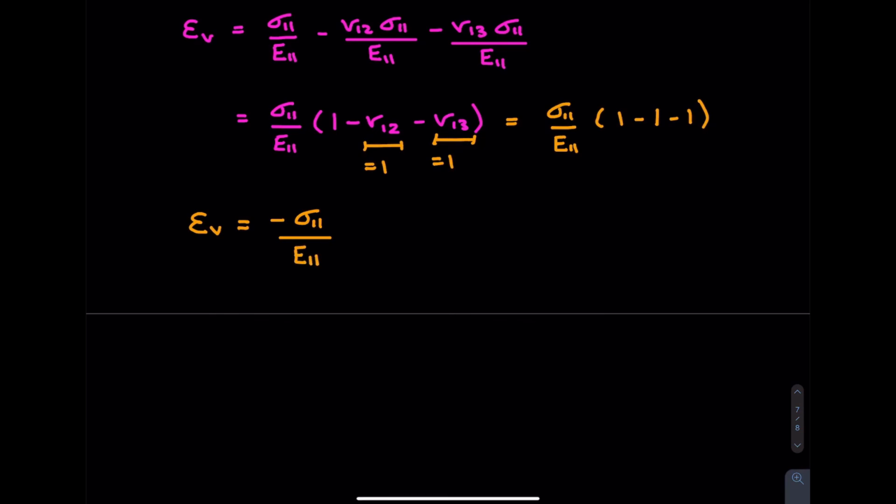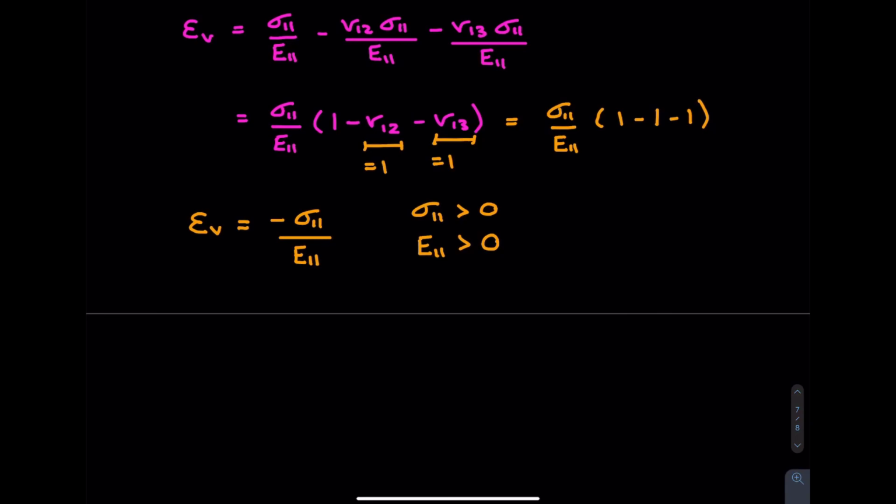Now let's try and think of what this would be. Again, from before, we know we're loading in tension. Therefore, sigma 1 is going to be greater than 0. And just like before, E 1, and this applies to E 2 and E 3, those all have to be greater than 0. That has to do with stability. That doesn't really have to do with the Poisson's ratio.